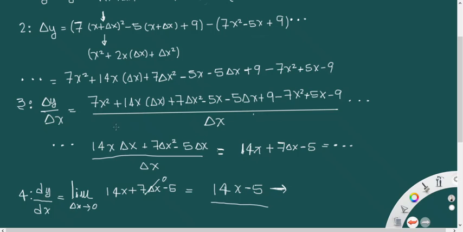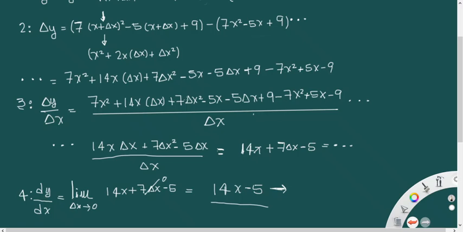So simplifying, for example, this 7x squared is positive and we have this 7x squared negative, so these terms are going to cancel each other. We have this minus 5x and this is plus 5x, so the 5x will cancel. We have this plus 9 and this minus 9, so these two terms are going to cancel.